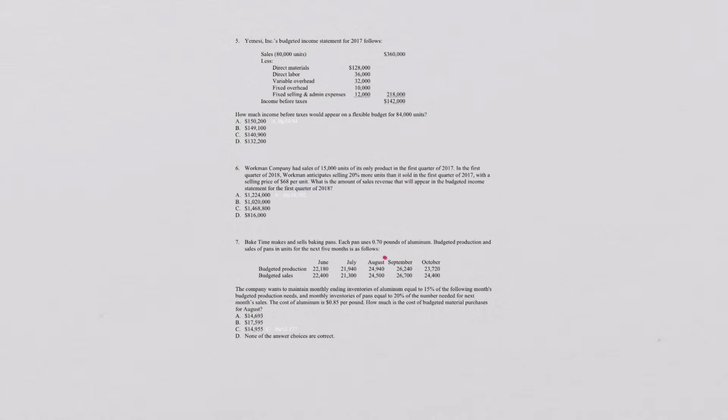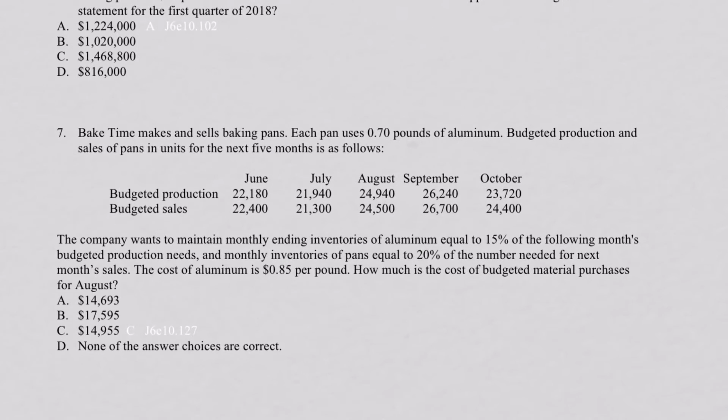But to get to the numbers, the August budget production is 24,940. So 15% of that is 3,741, and that's the number of units.